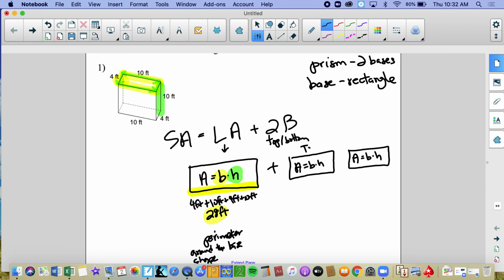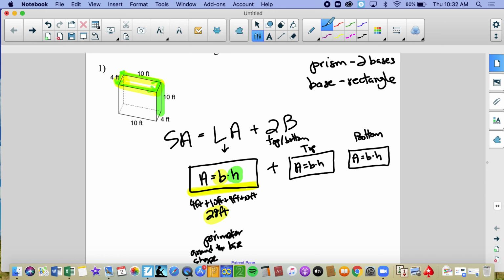This is the top and this is the bottom. Here's the bottom, here's the top. So those are my bases. So it's going to be the distance between that.